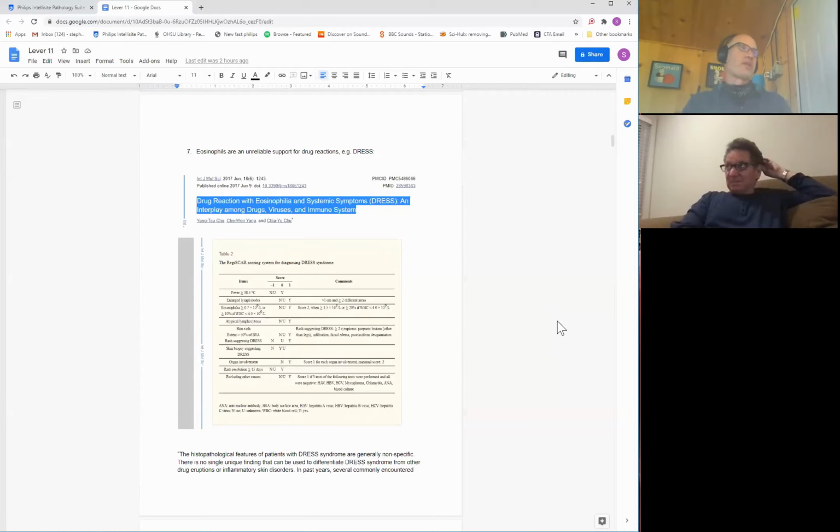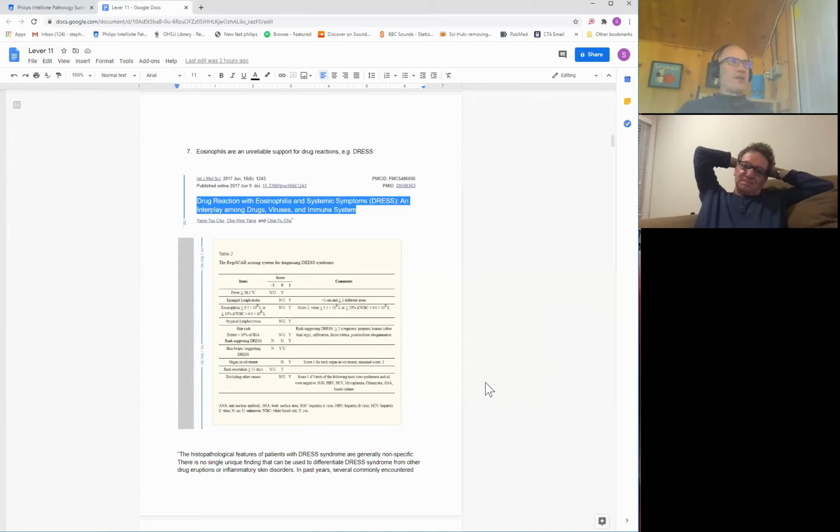And one of the really interesting things is that DRESS, which has eosinophils as an essential part of its presentation, often doesn't have eosinophils in the skin.